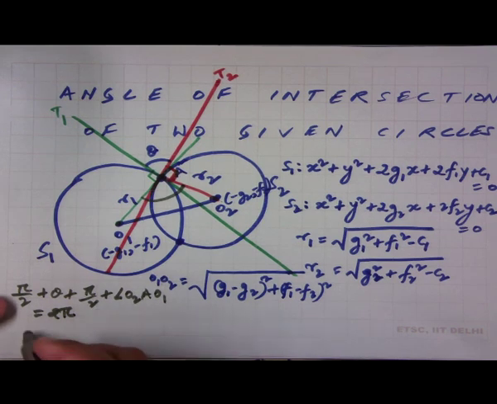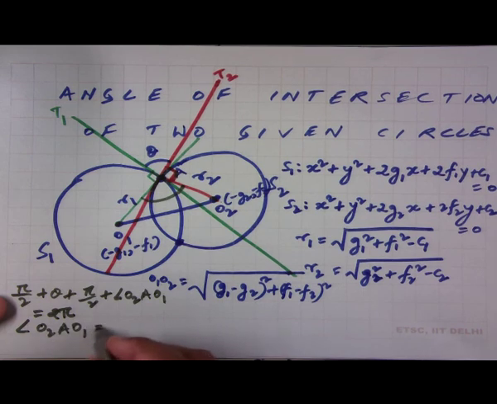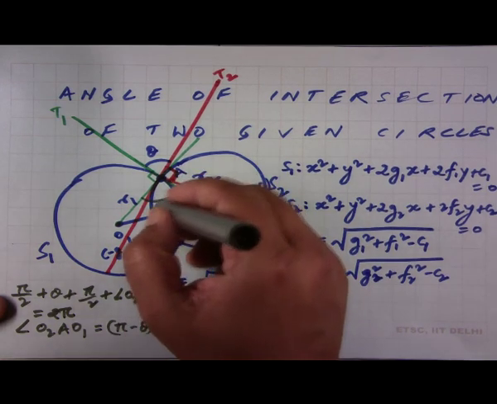Therefore, from there we can say that angle O2AO1 must be equal to pi minus theta.